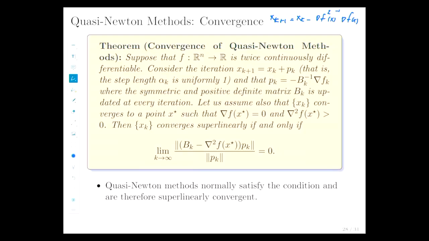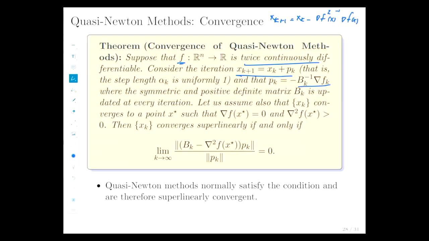So again, let's try to read this theorem together to understand what it means. We always start with some assumption on f itself. We need it to be twice continuously differentiable, to be able to take the derivative twice. And we are writing the iterations in the general line search style. pk is the direction that we are searching.